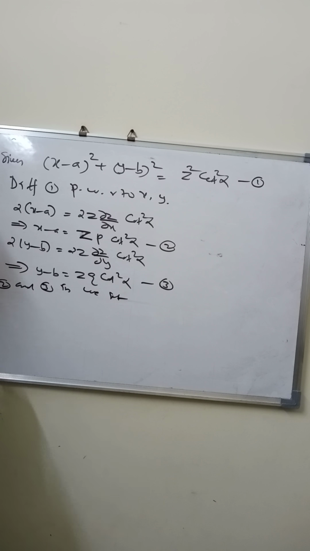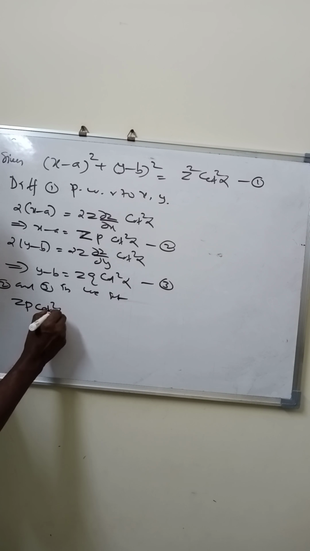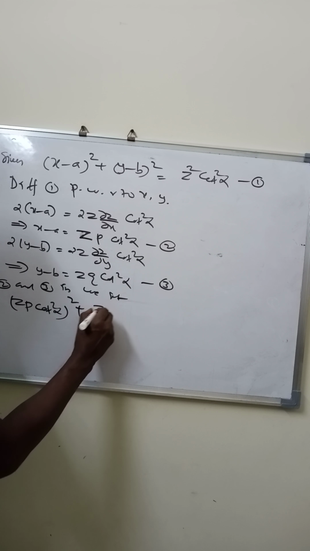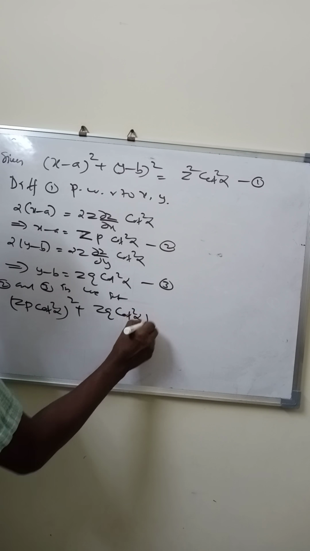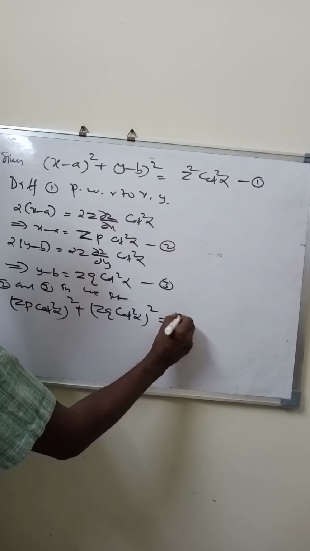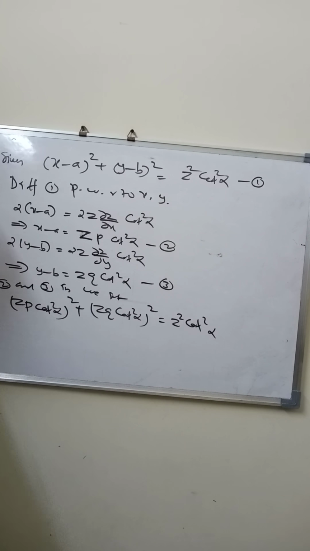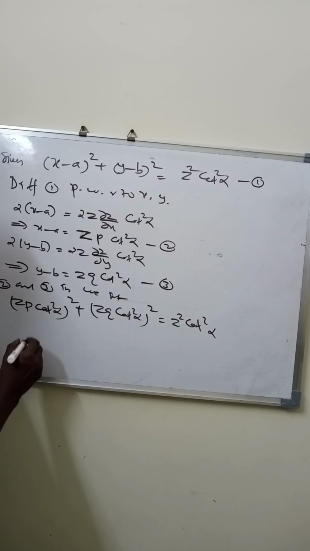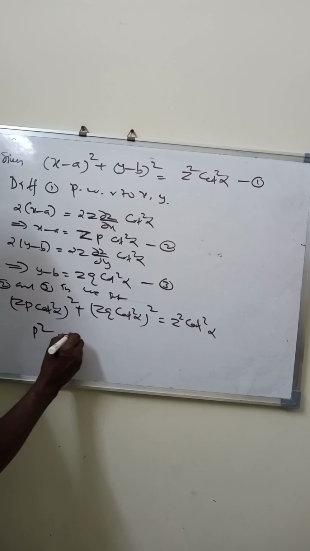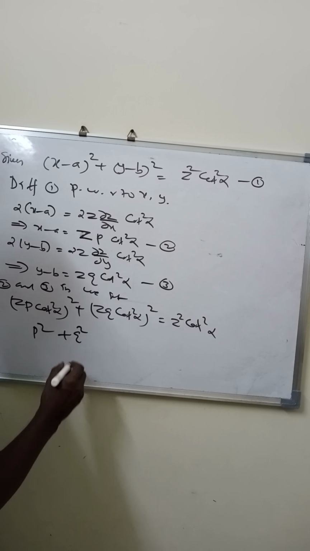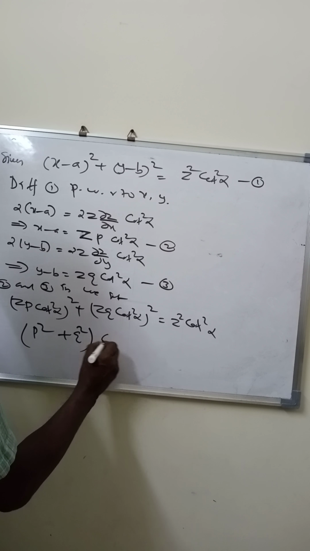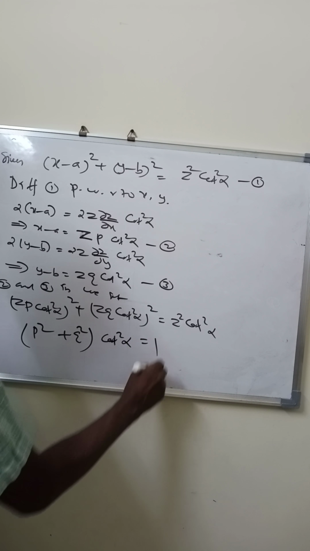We get (x minus a) as zp cot square alpha, the whole square, plus zq cot square alpha, the whole square, equal to z square cot square alpha. Cancelling both sides by z square cot square alpha, we get (p square plus q square) into cot square alpha equal to 1.